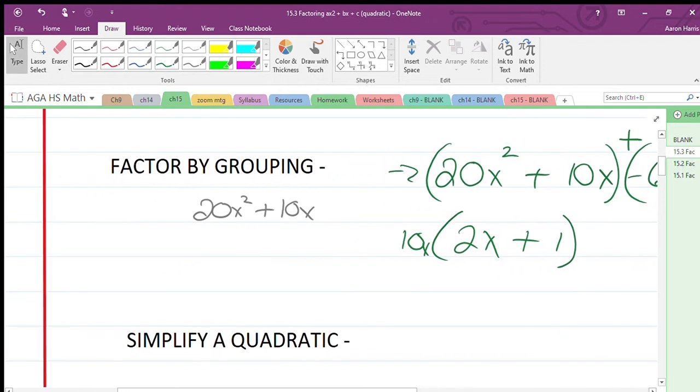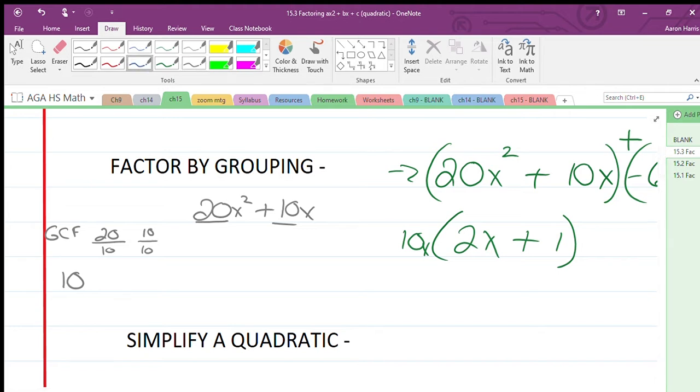And I told you, find the GCF of the numbers first. So I'm going to find the GCF of 20 and 10. Well, I know 10 goes into 10. I also know 10 goes evenly into 20. So 10 for the numbers is my GCF.